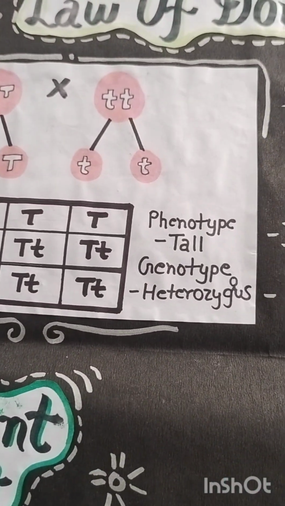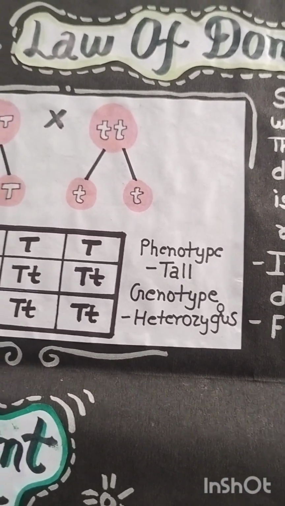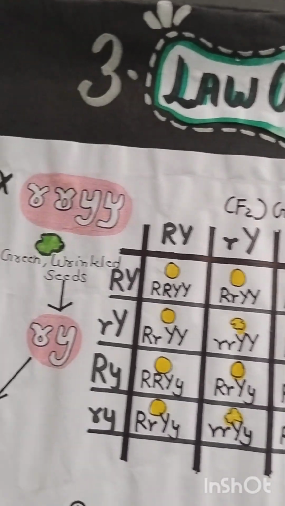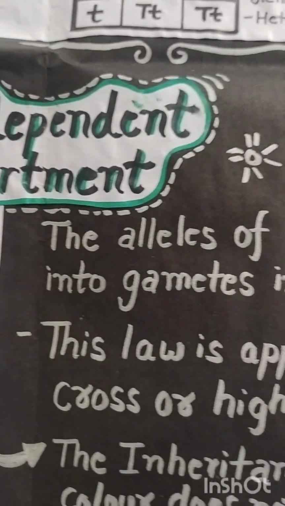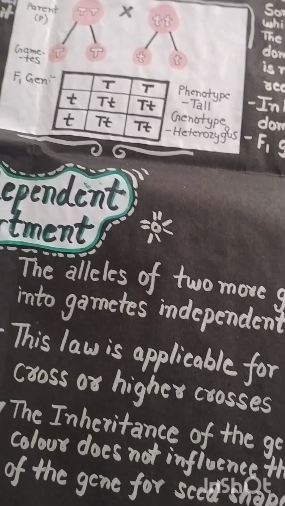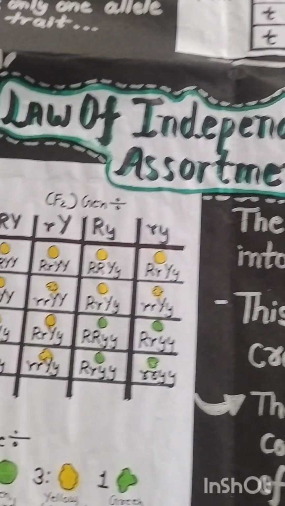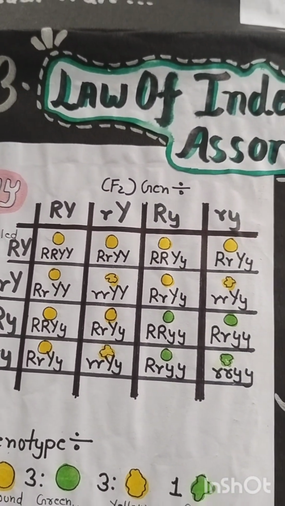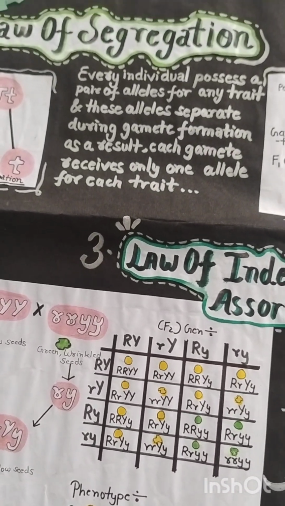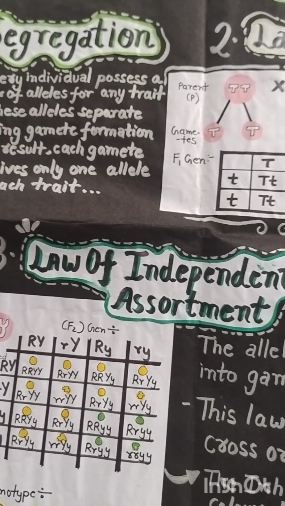Second is the law of dominance, where the dominant character will express in the F1 generation. And third is the law of independent assortment, where alleles of two or more genes get sorted into gametes independent of each other, and you are getting the combination 9:3:1. So these are the laws of Mendel inheritance.